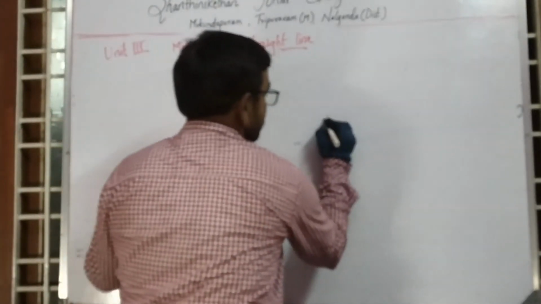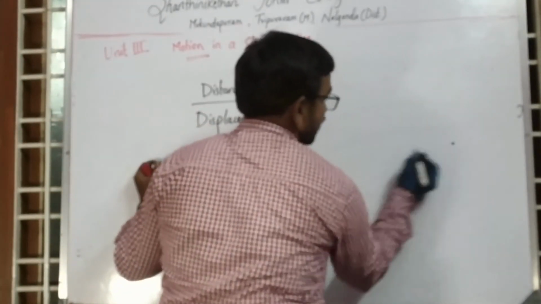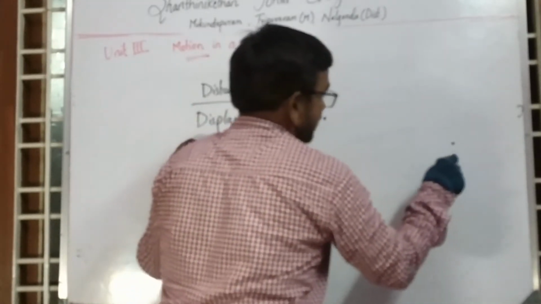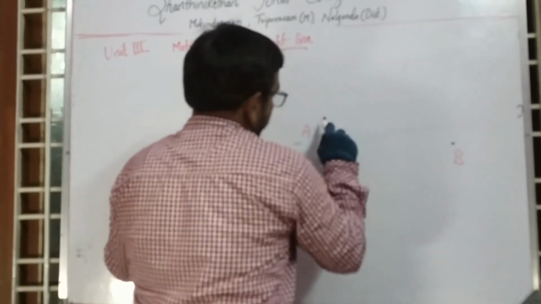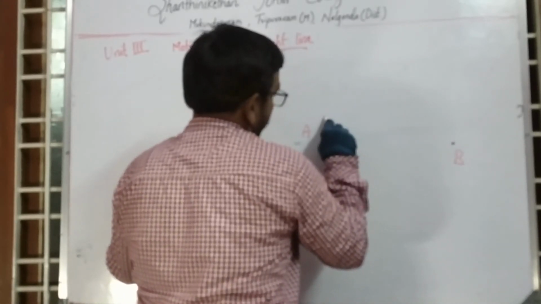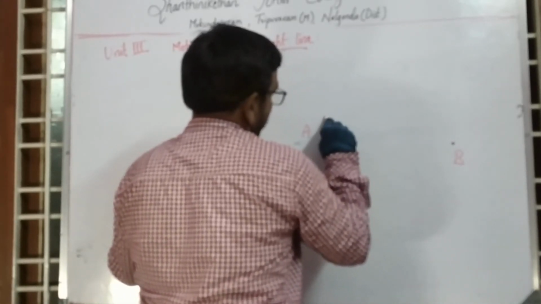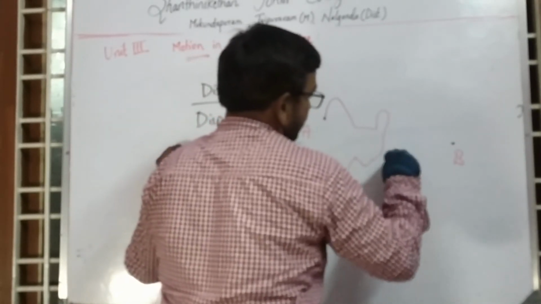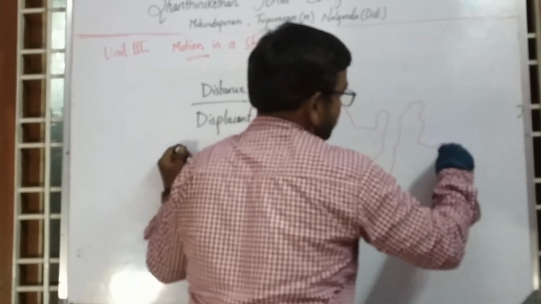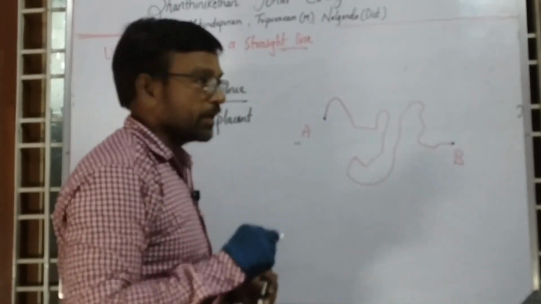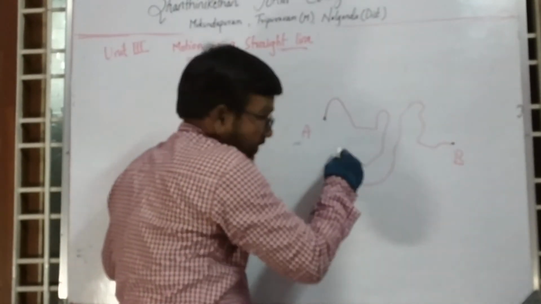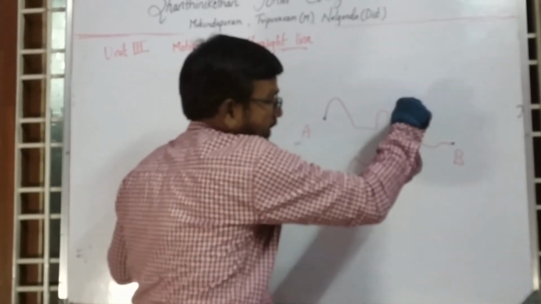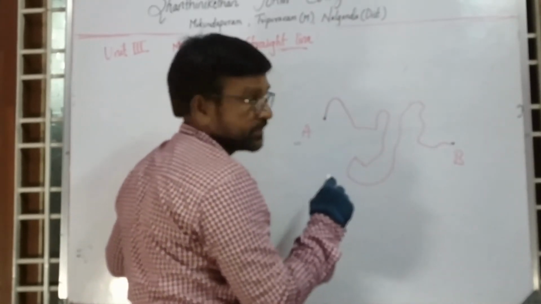You consider this as the initial point, A, and this as the final point, B. For example, if you are going on a bike in different directions, like this, and you reach some point B, what is this? Is this a distance or displacement?